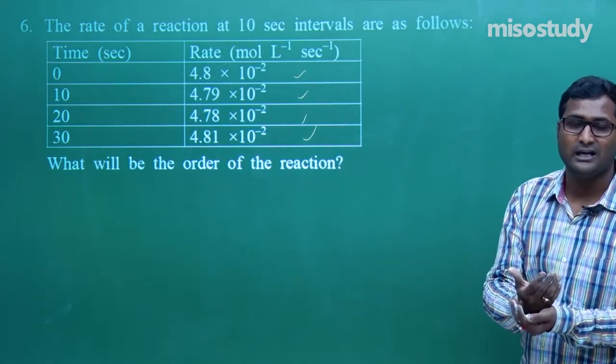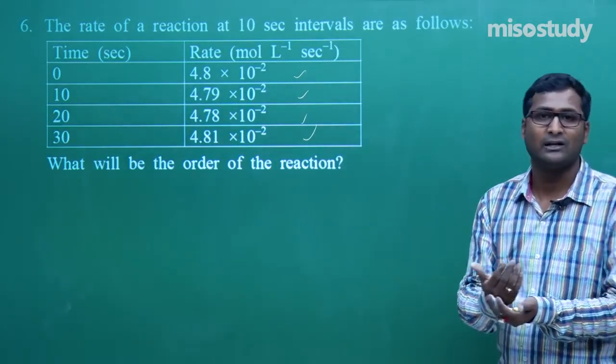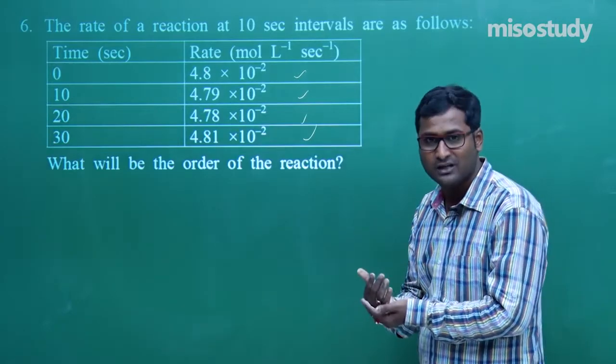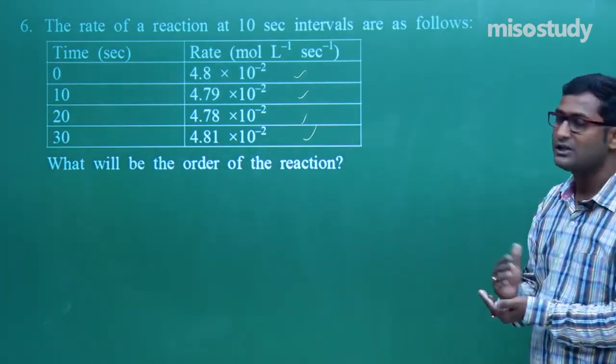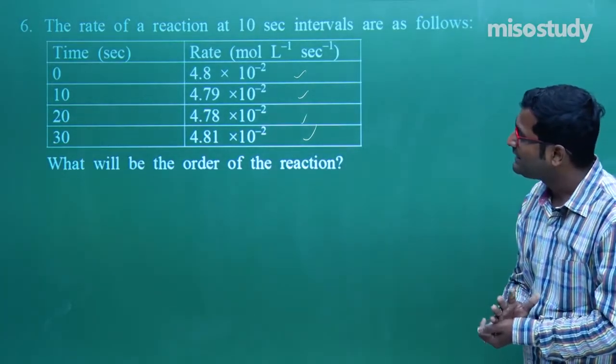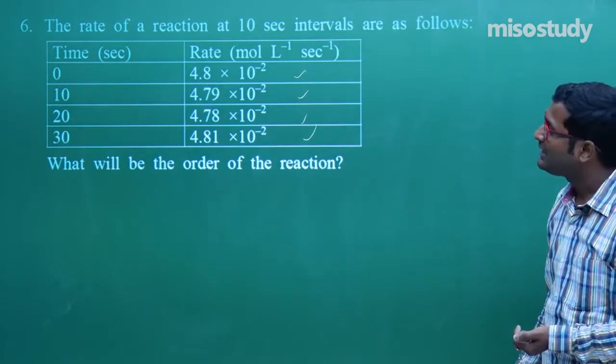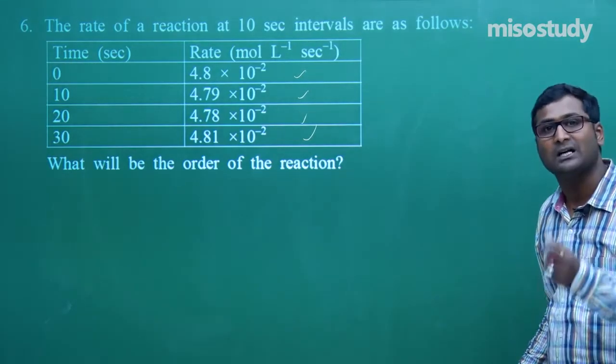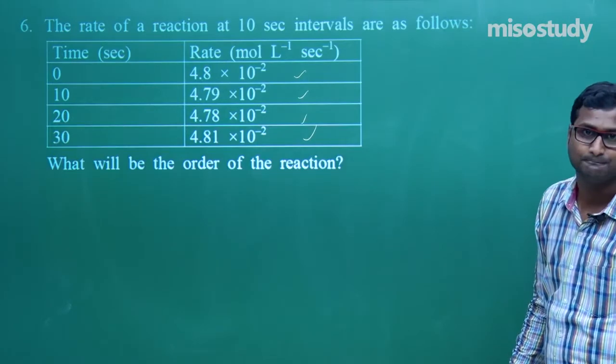If concentration decreases, definitely the rate of reaction changes. But in this question, it proves that the rate is independent of the concentration of the reactant.